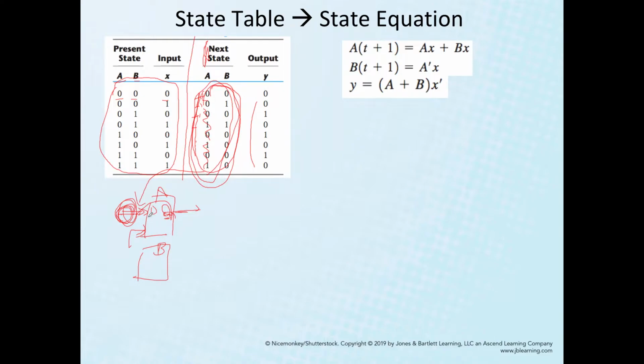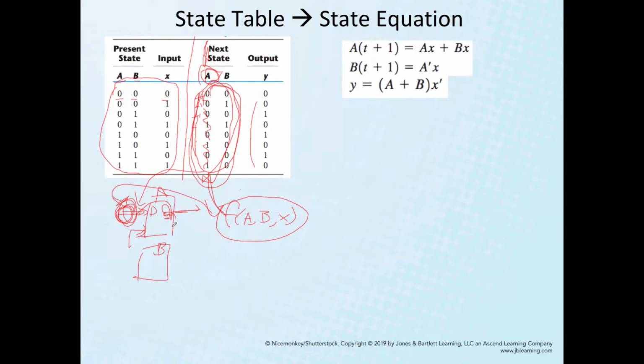So these are the ones to be fed into the D input. If we say this part is some function in terms of present state A, present state B, and X, then this function should be connected to the D input.